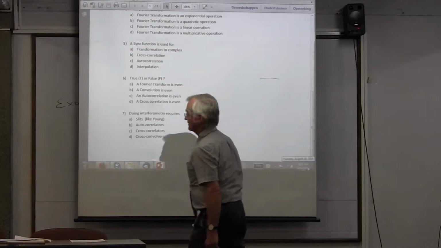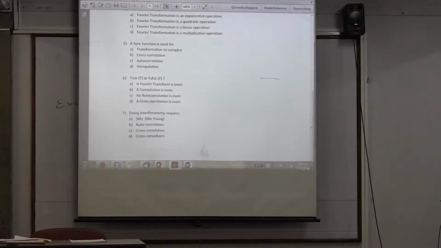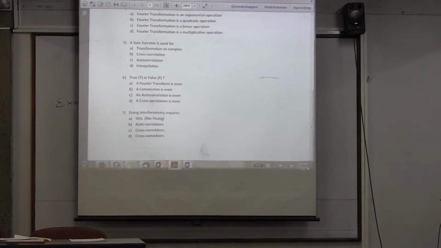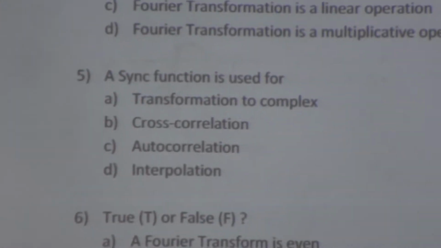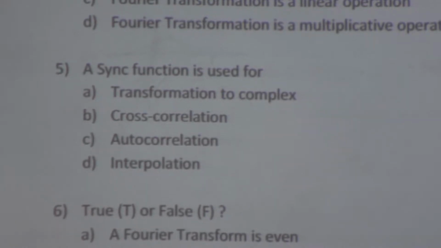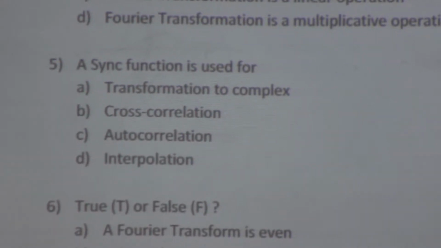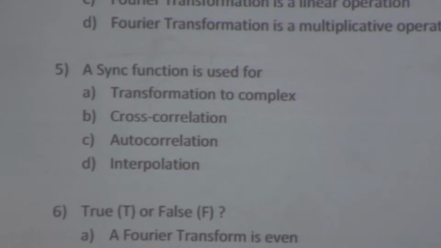A sinc function is used for transformation to complex. No, it isn't. It's used for cross correlation. No, it isn't either. For autocorrelation then? No, it isn't. It is the key interpolation function.